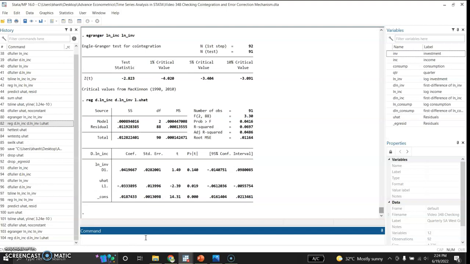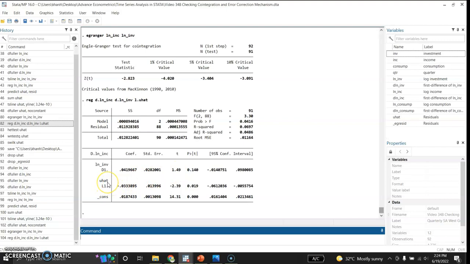So this is my equation, and in this equation the F statistic value is 3.30 and it is significant. So the overall equation is significant. The R square value is 0.067, and the adjusted R square is 0.05, and the coefficient of the difference of log of investment is 0.041, and this is not significant.